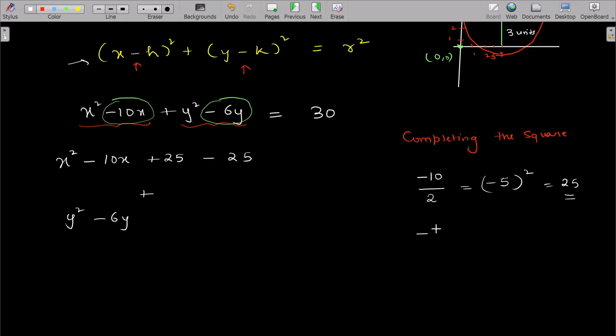Negative 6. You divide it by 2, what do you get? Negative 3. You take its square, what do you get? 9. Now again we will add and subtract 9. So we do this, and on the right hand side this is all equal to 30.